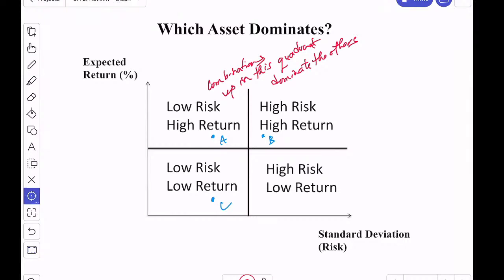If I have an asset or a combination down here and I'm comparing A to C, of course I'm going to pick A because even though the risk is the same, the return is higher. So I'm always picking A. A dominates the ones below it. So let me do this to demonstrate what I'm talking about. You can do this and see it creates an upper quadrant, and A dominates anything below.